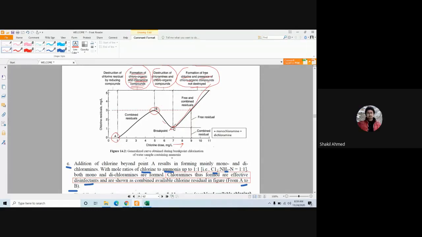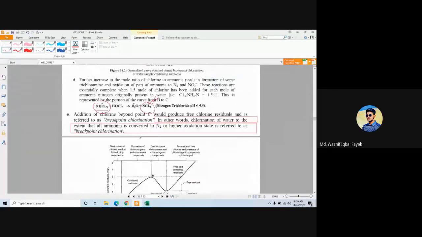Yes, sir. So at point C, you had combined residual, and if you are here now, so here total chlorine residual is some part combined residual and some part free residual. Combined residual means monochloramine and dichloramine. Is it clear, guys? Yes, sir. So that's it. So addition of chlorine beyond point C would produce free chlorine residuals and is referred to as breakpoint chlorination.